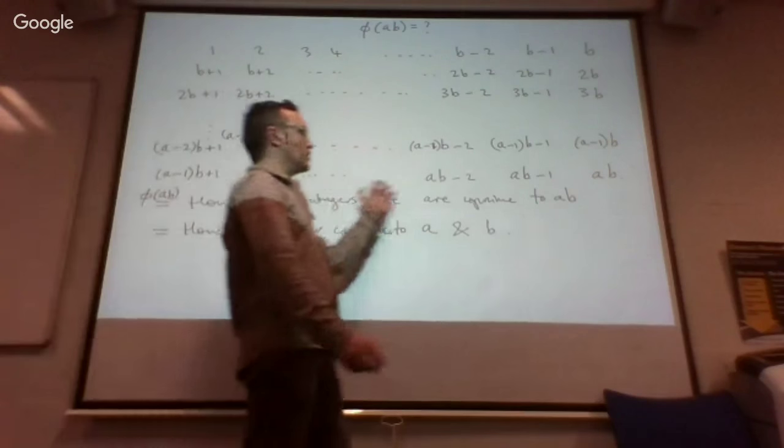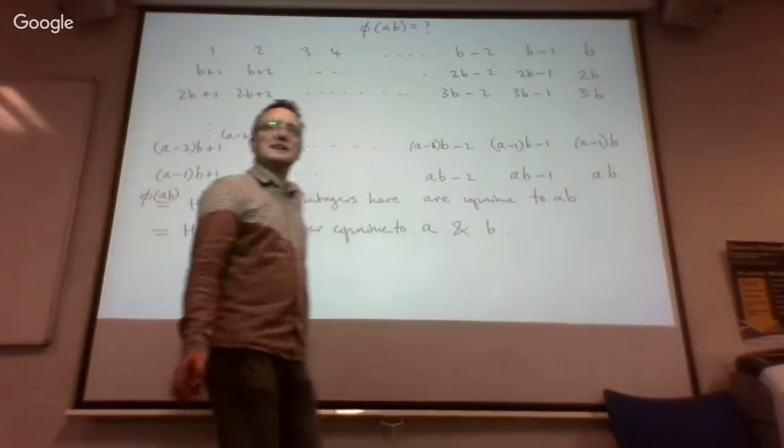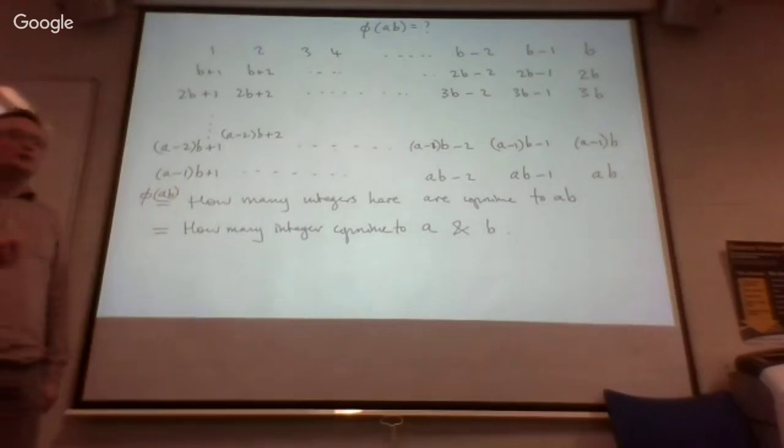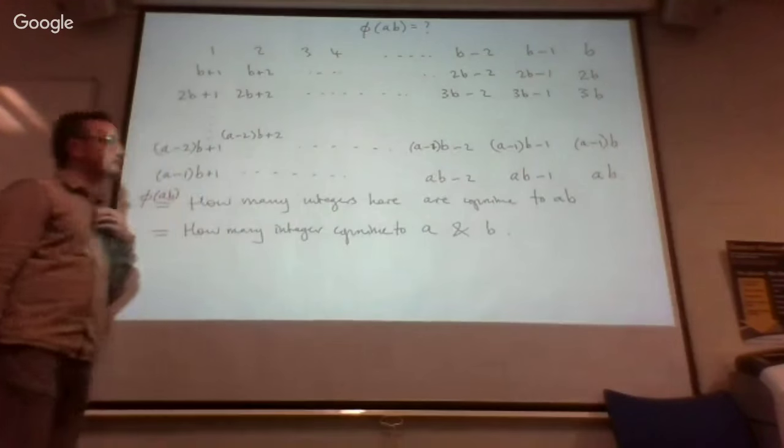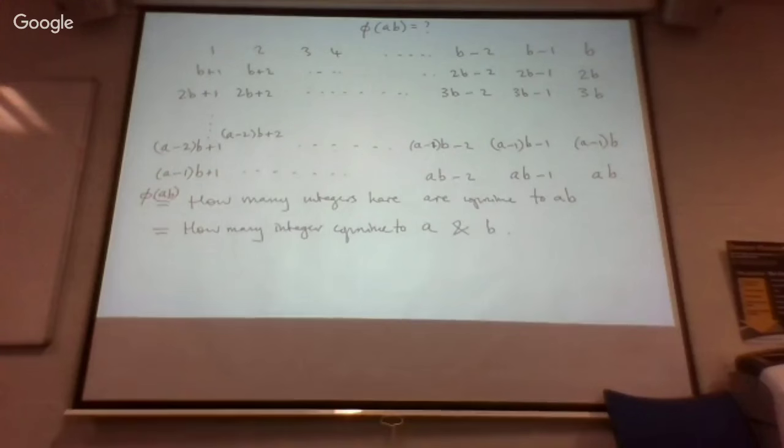Asking for something to be coprime to the product A times B is exactly the same as asking for it to be coprime to A and coprime to B. So that step is justified by lemma 5.4.